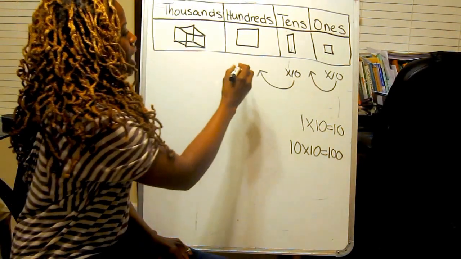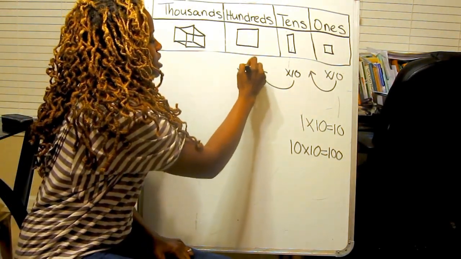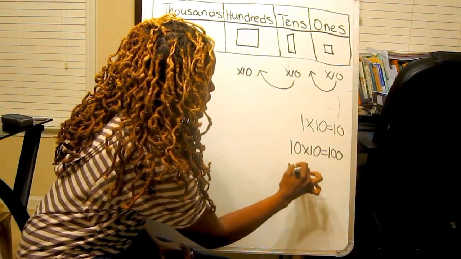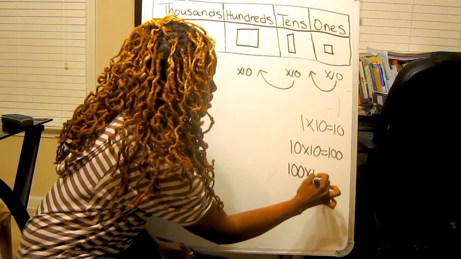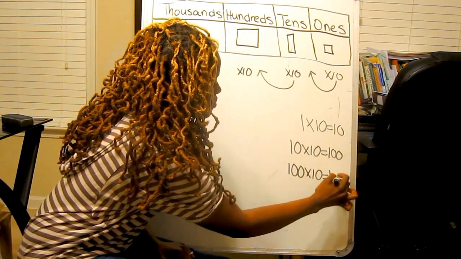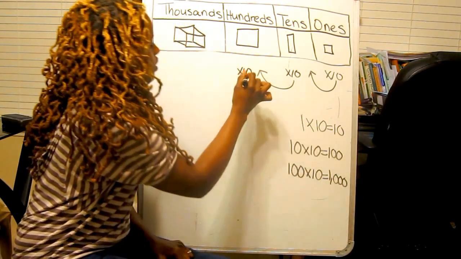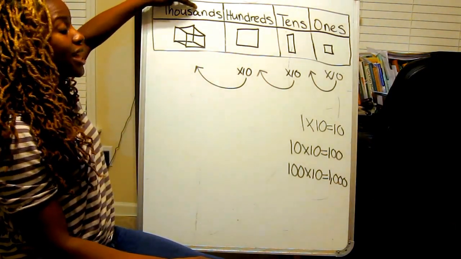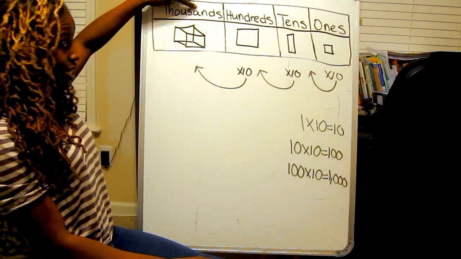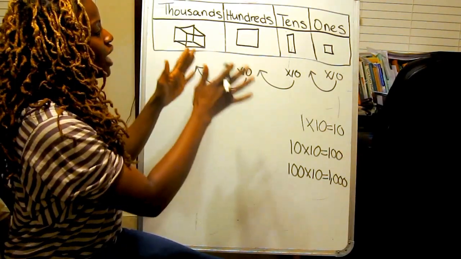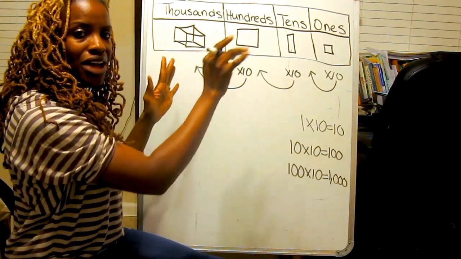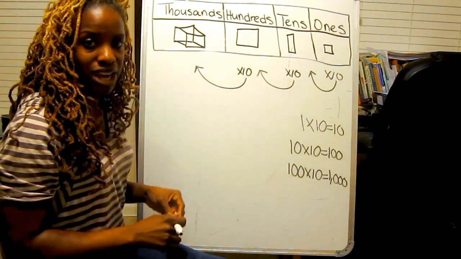If I multiply my hundreds times 10, so 100 times 10, I get the value in my thousands place. So again, the value in one place is 10 times the value to the right.